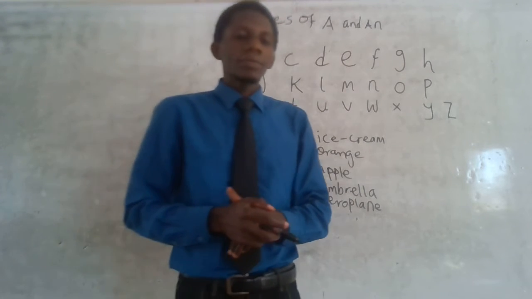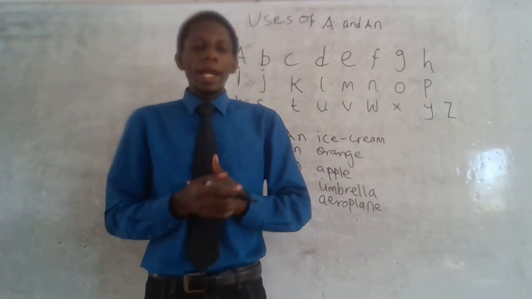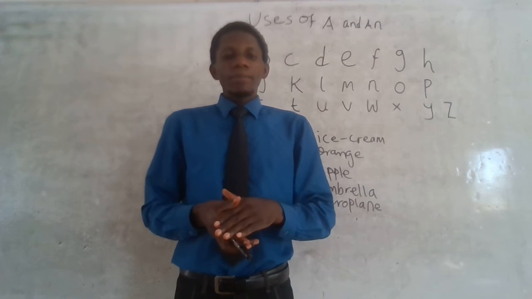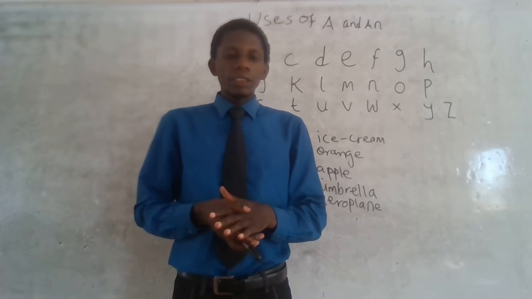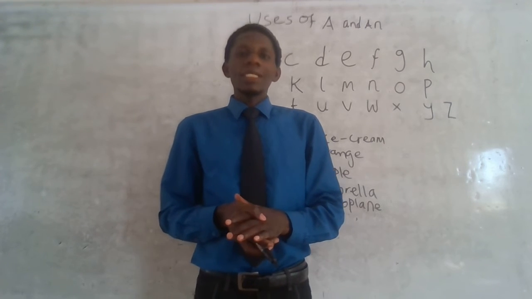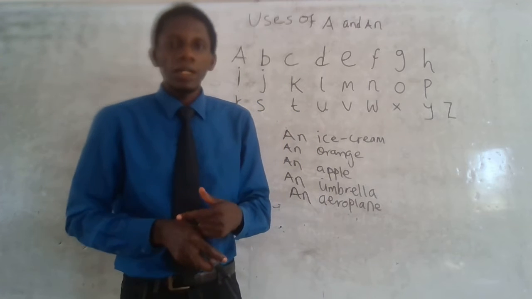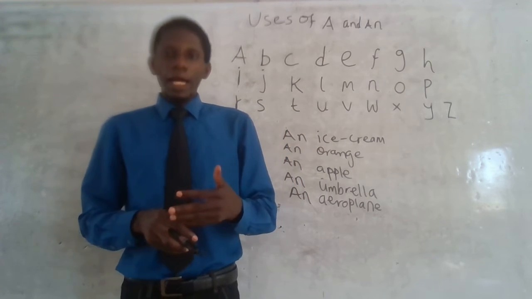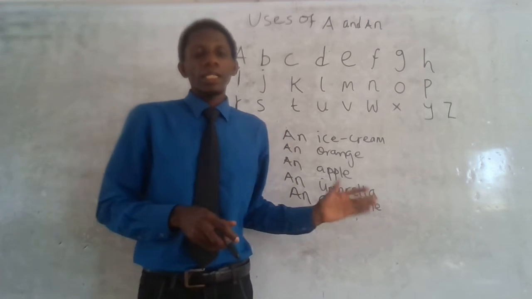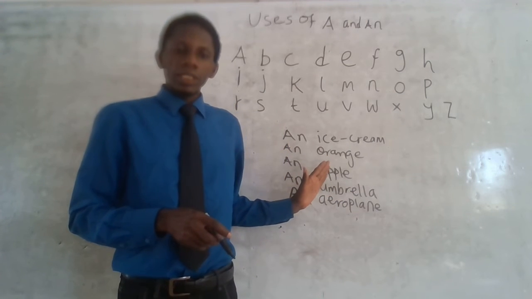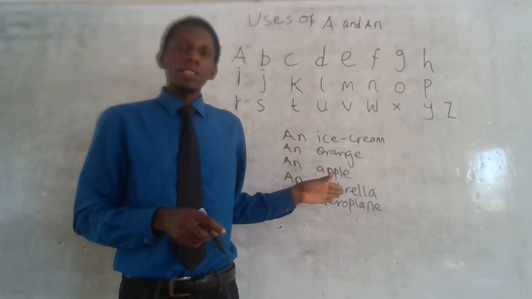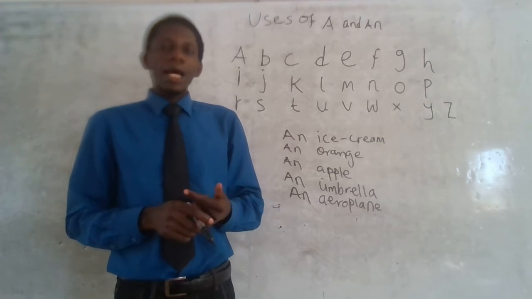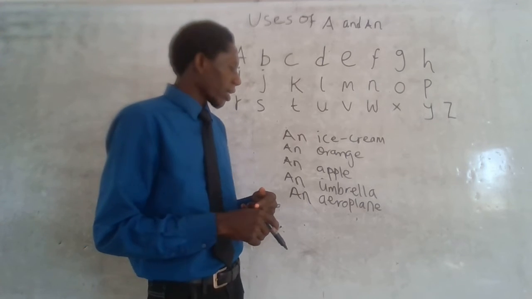So the article an can also be used if the first letter is a consonant, but it's silent in the beginning of the word. For example, an hour.